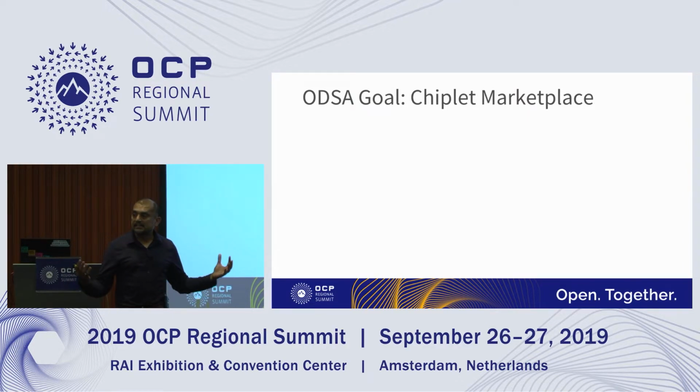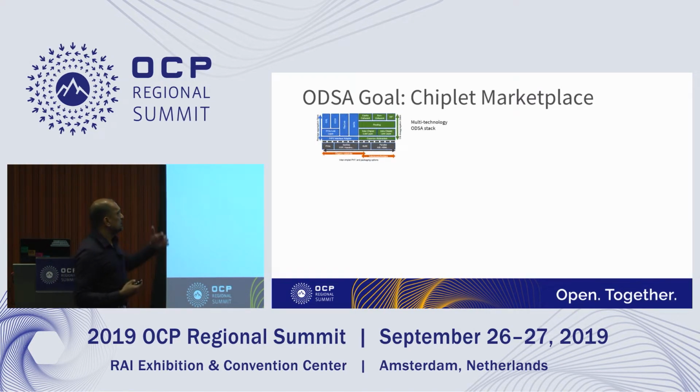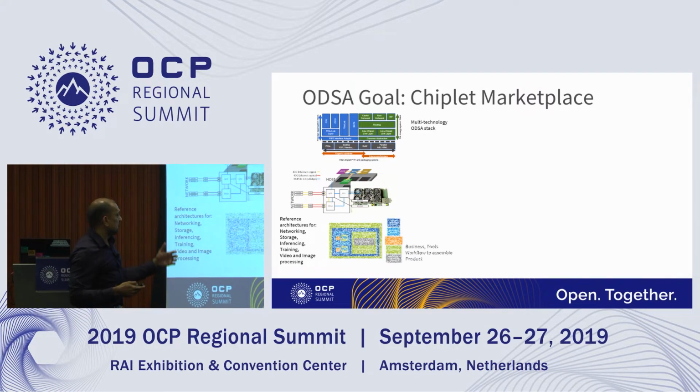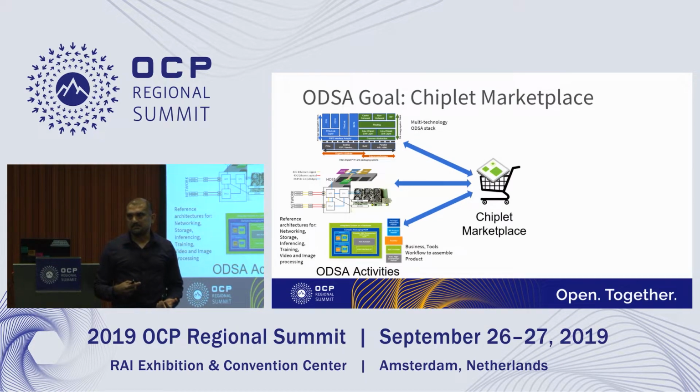We want to create standardized interfaces among these chiplets, primarily so that end users and solution providers can intermix these chiplets very quickly using some set of reference architectures which are developed through ODSA, have proofs of concept and prototypes and specific applications, not just for AI training and inference, but even for storage, networking, video and image processing, diverse applications, and then have a business flow attached to it, all of that creating a chiplet marketplace. That would be the vision which we want to aspire towards.